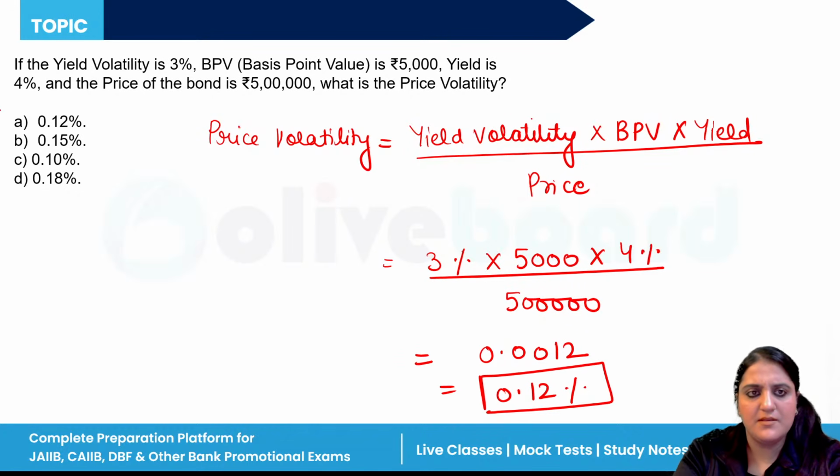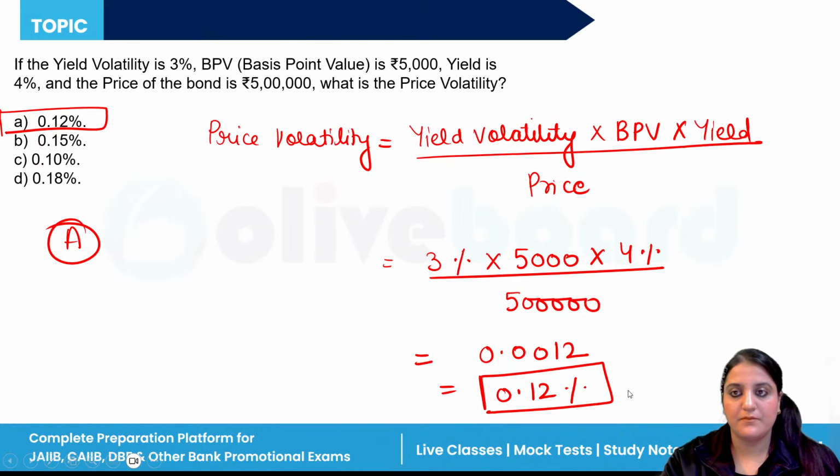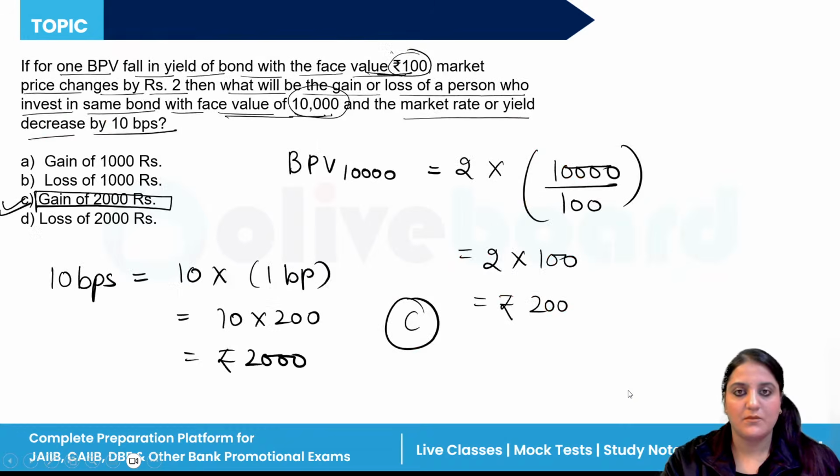So this is the answer, which is option A. Clear? Simple, just the game of the formula here. Okay. Next question.